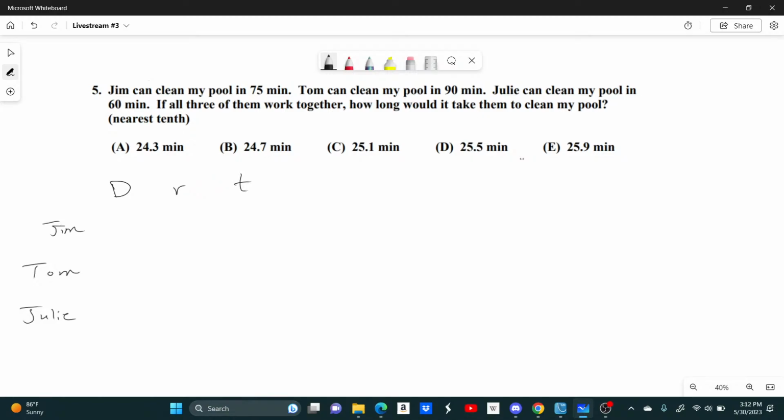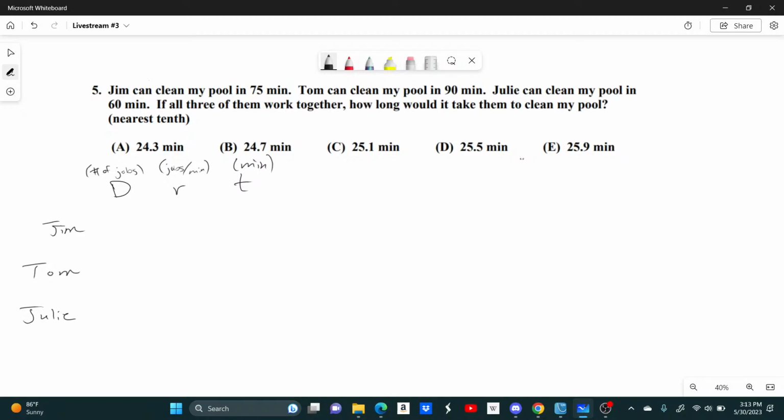Your distance is a little bit weird, but you'll see. So instead of distance, I'm going to think of this as number of jobs. And then rate would be, well, everything's in minutes, so I'm going to call it jobs per minute. And my time will just be in minutes.